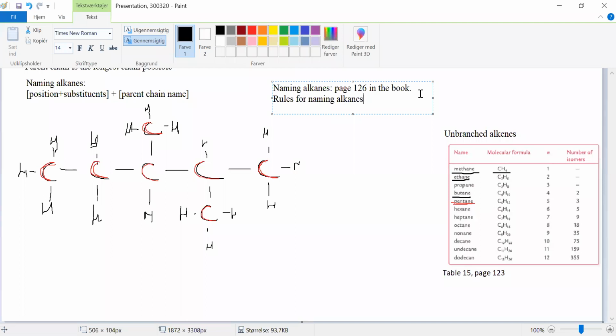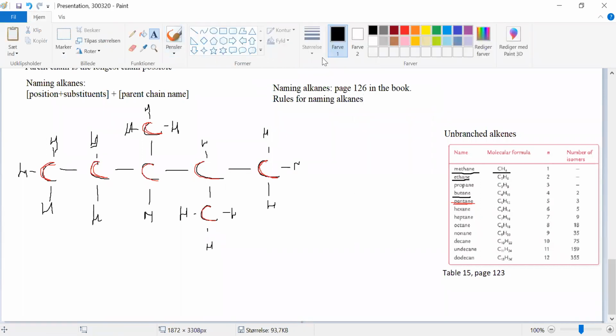So the first thing that you need to do is to find the longest chain in the molecule and apply the name corresponding to the straight chain alkane. So the longest possible chain will be the 5 carbons here.